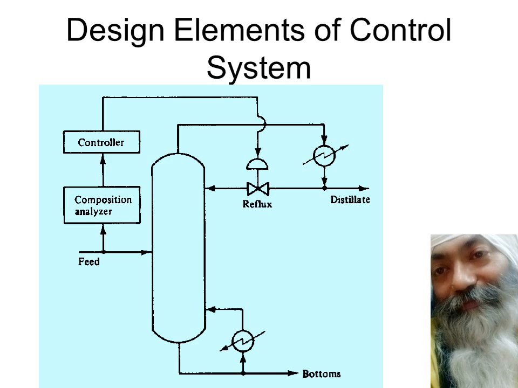So this is the practical form of feed forward control system. Again, see, this is the process, and in this process whatsoever is the input feed and the disturbances in the input feed, if there is any change in the input feed, then before the input feed change is able to disturb this distillation column and change its composition, instead of taking feedback after the change happened, we take the feed forward, meaning we measure the disturbance itself.